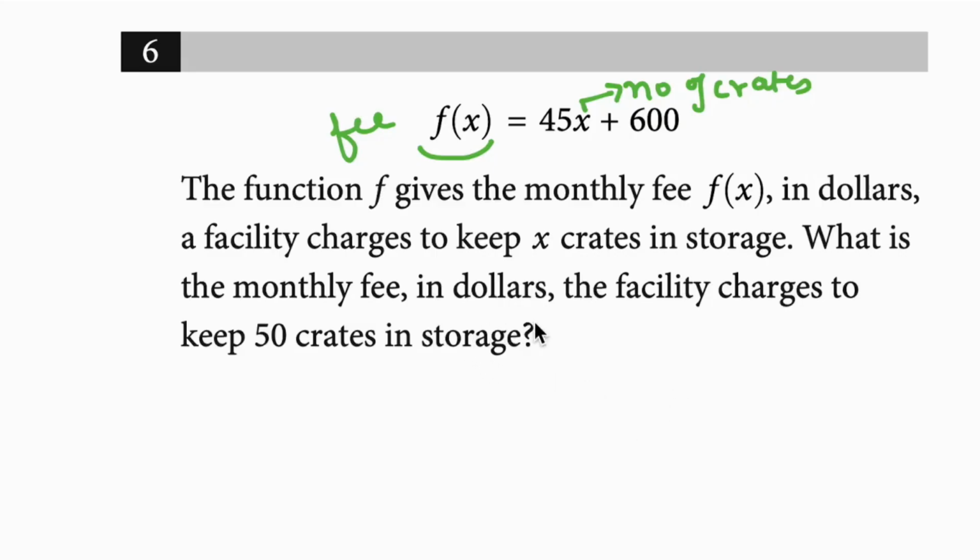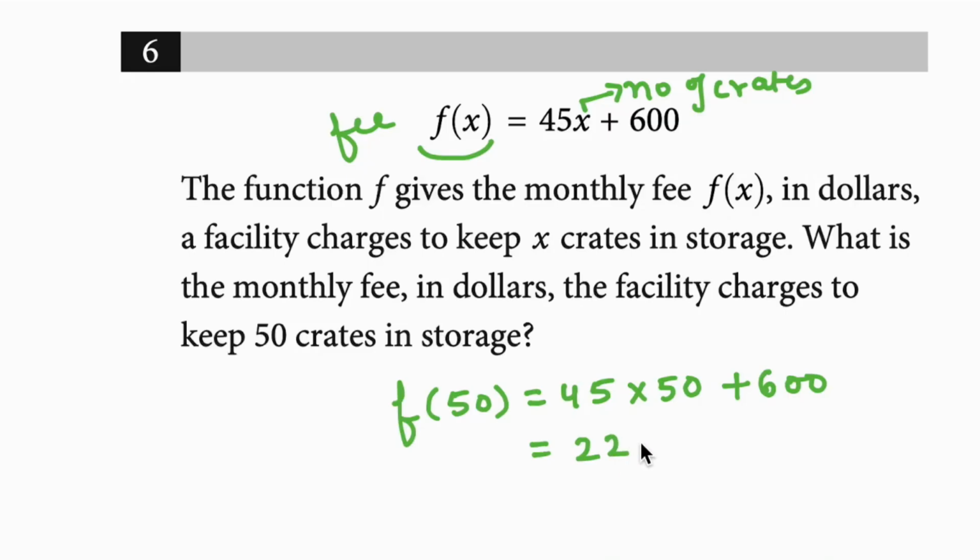What is the monthly fee in dollars the facility charges to keep 50 crates in storage? 50 crates, that means x is given. So you simply have to find f(50), which is 45 times 50 plus 600.